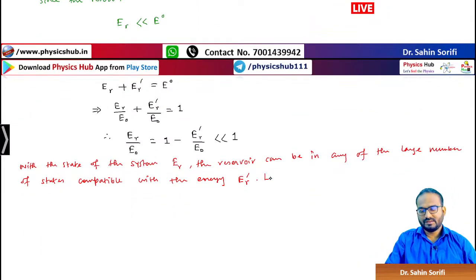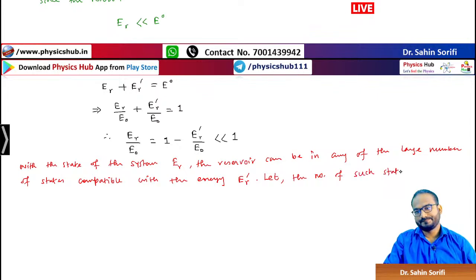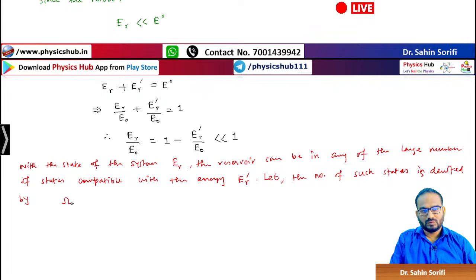So, let the number of such states be denoted by omega prime, which is a function of ER prime.